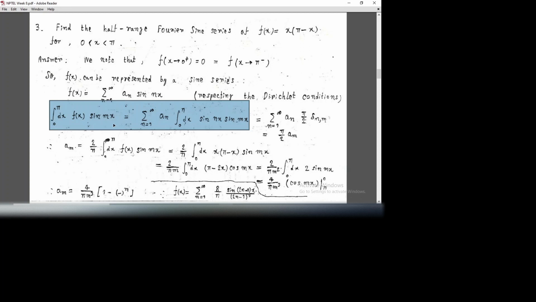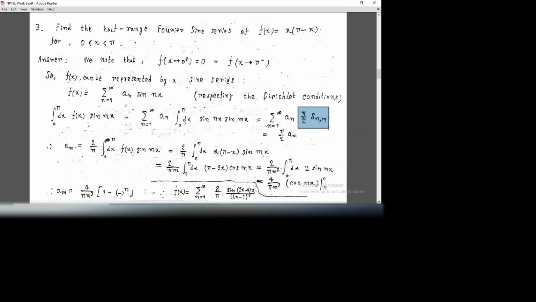This is our right hand side, and we know the result of this integral with sine nx.